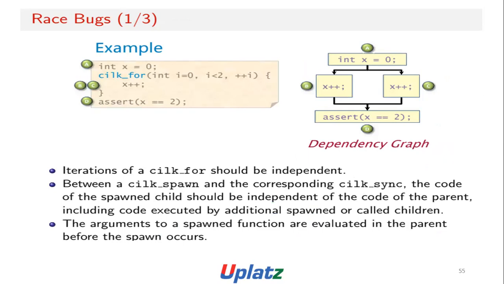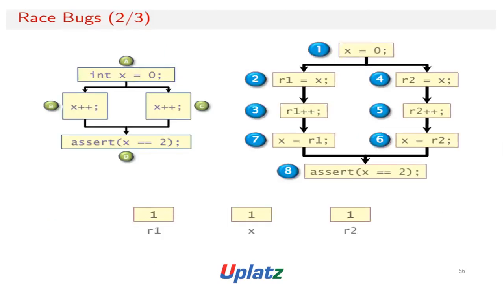Between a cilk_spawn and the corresponding cilk_sync, the code of the spawned child should be independent of the code of the parent, including code executed by additional spawned or called children. The arguments to a spawned function are evaluated in the parent before the spawn occurs.